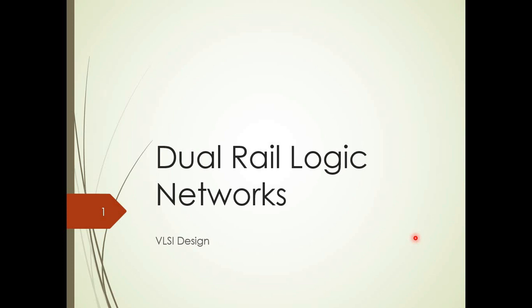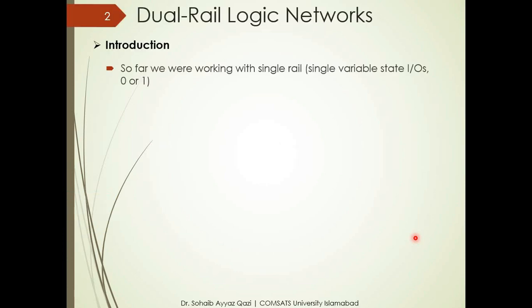For example, we are talking about designing the NAND gate in a single circuit, but we are not talking about designing two different networks in a single circuit. So this can be achieved using dual rail logic networks.